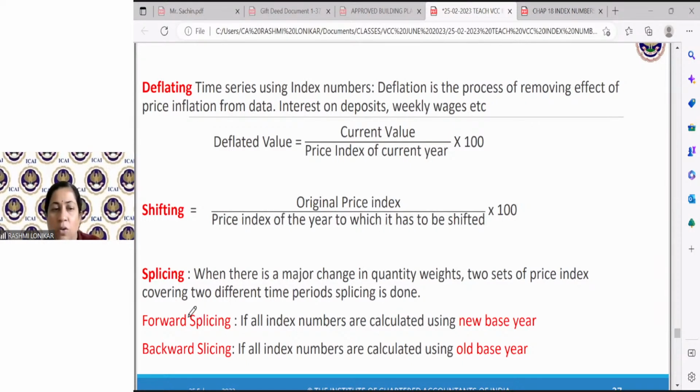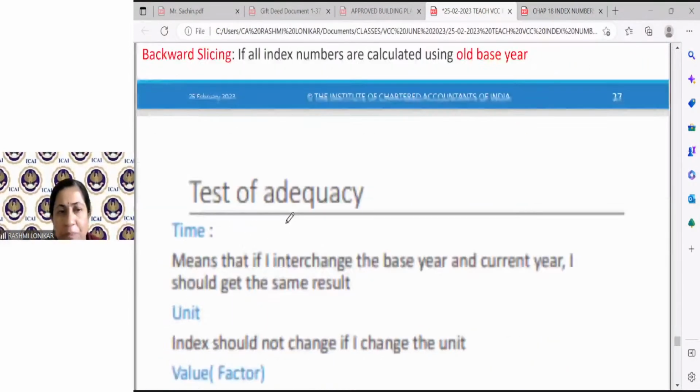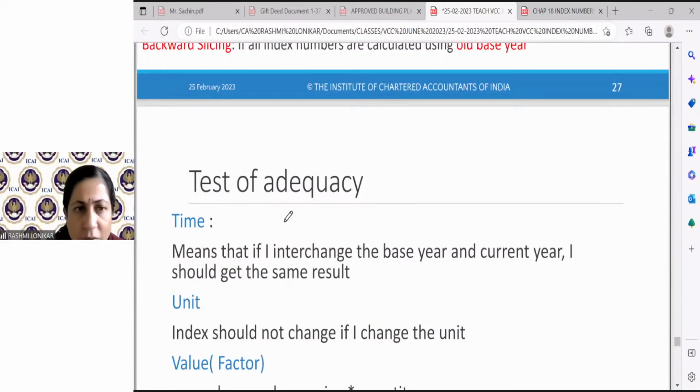Okay. So this is splicing, forward splicing and backward splicing. Shifting is original upon price index of the year to which it has to be shifted. Deflation is current value upon the price index of the current year. Okay. Then the important aspect of test of adequacy.